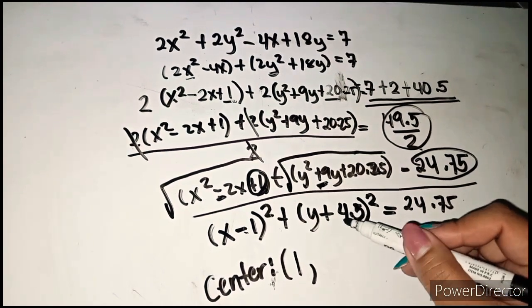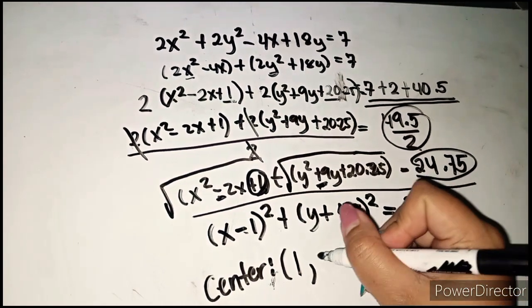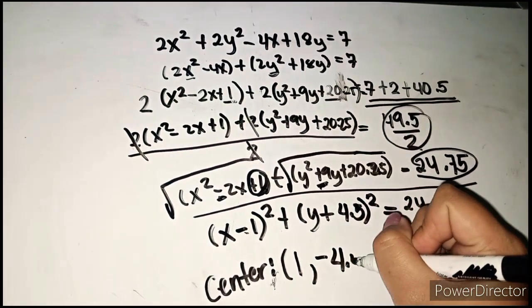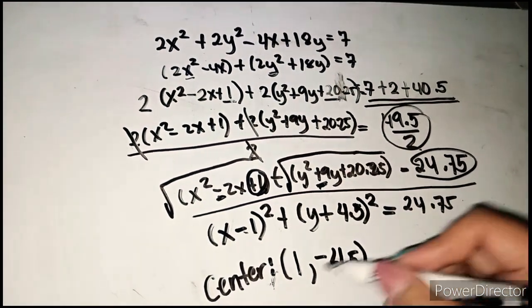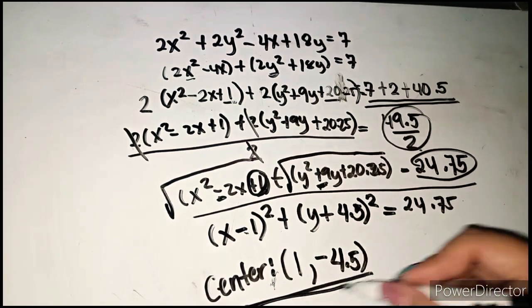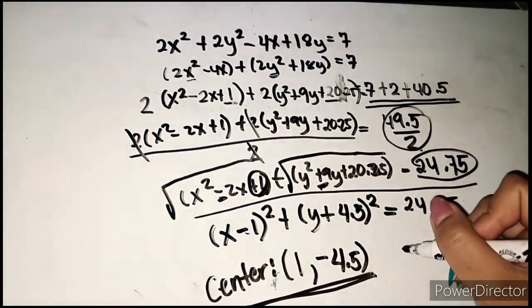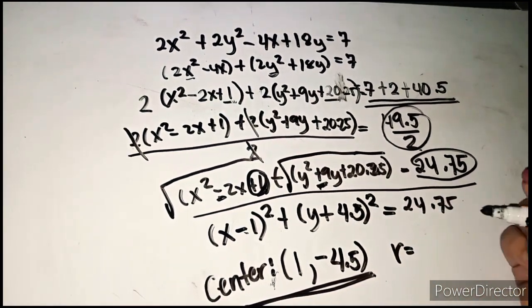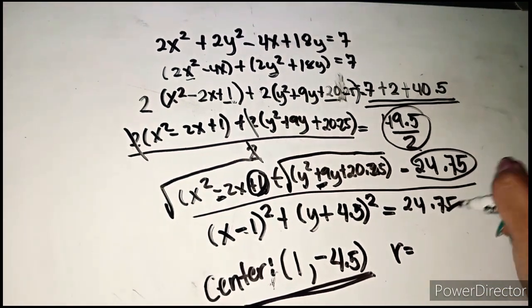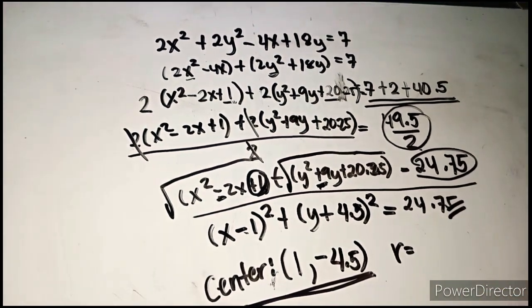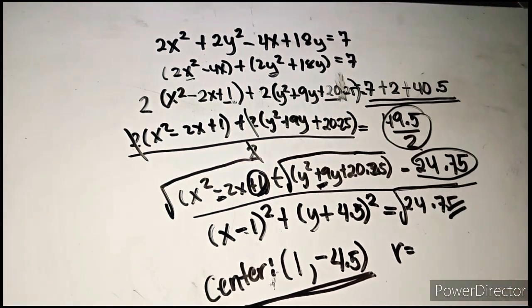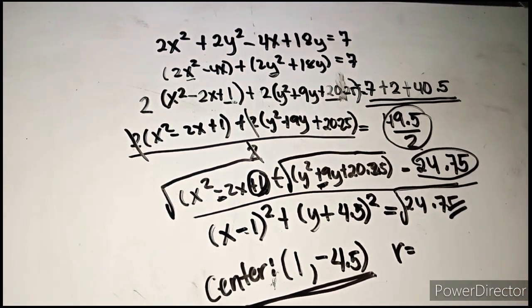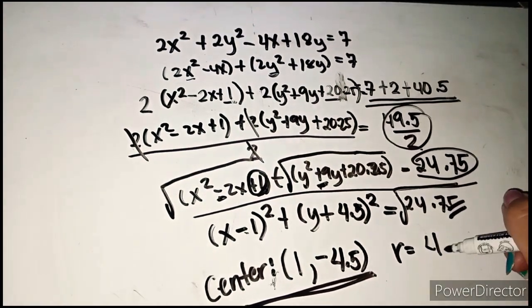So, from positive 4.5, magiging negative 4.5 siya. Okay? So, this is our center now. And for our radius, hindi pa rin ito yon. So, paano ulit gagawin? We need to find the square root ng 24.75. And the answer is 4.97.